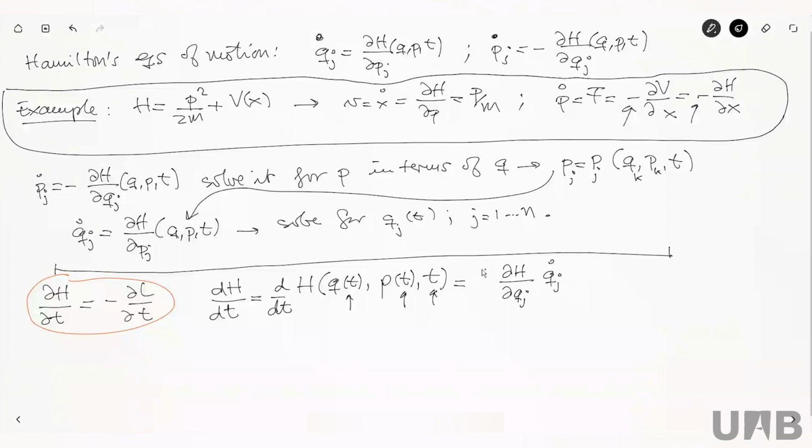So that's the first term, j from 1 to n. But p also depends on time, so that is the derivative of H with respect to pj times p dot j. And finally, plus the explicit time dependence with respect to time of the Hamiltonian.